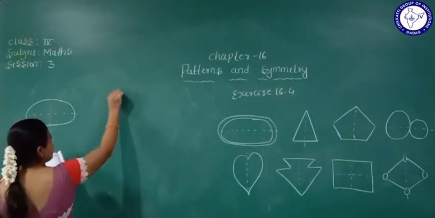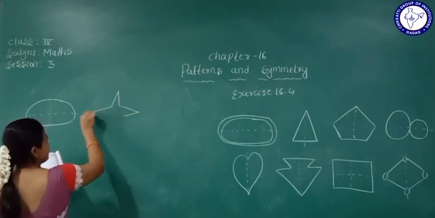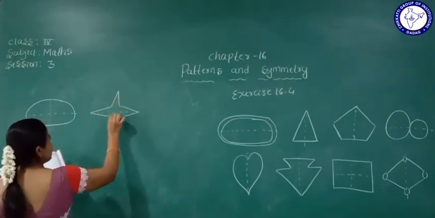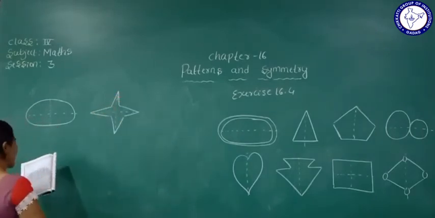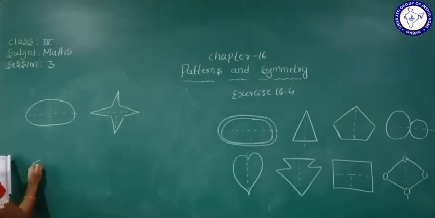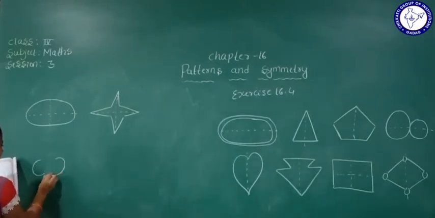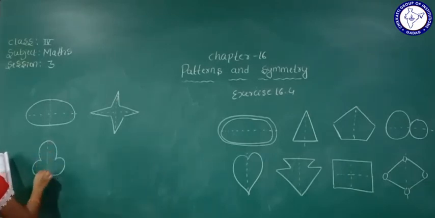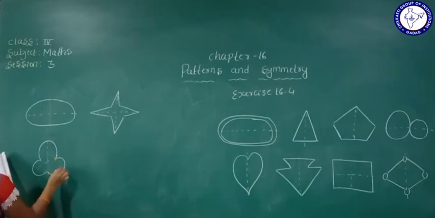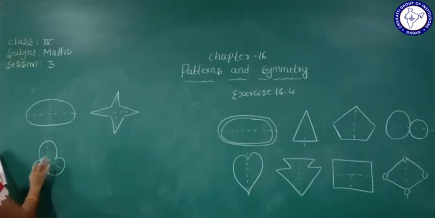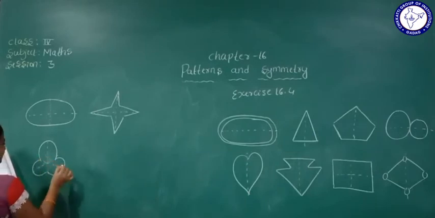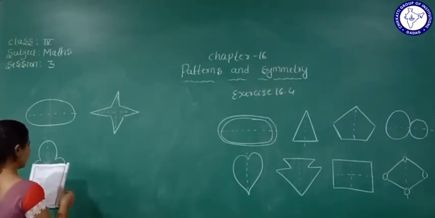So next one, like this. This is one symmetry and this is another symmetry. Two axes of symmetry. Okay. And next one, this is one symmetry, 2 and 3. So it means here we can see 3 lines of symmetry.